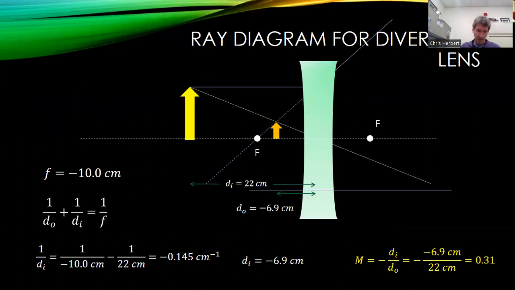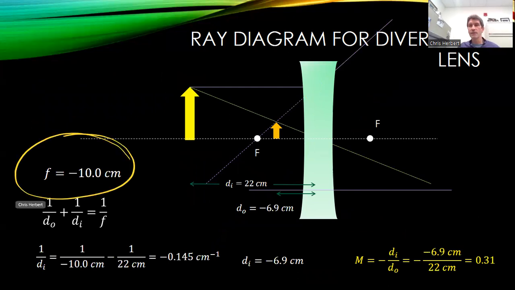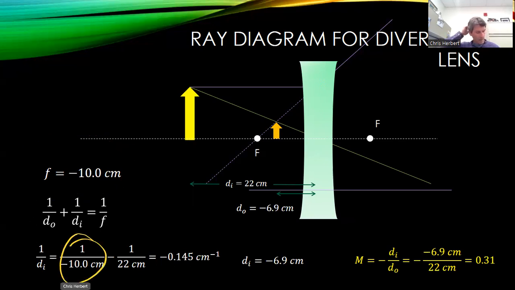So let's say I have a biconcave lens. The focus is 10 centimeters from the lens, but it's negative. So the focal length is negative 10 centimeters. We plug it into this equation. We get 1 over negative 10 minus 1 over 22. 22 centimeters is the distance of the, I did this backwards, should have been the distance of the object.